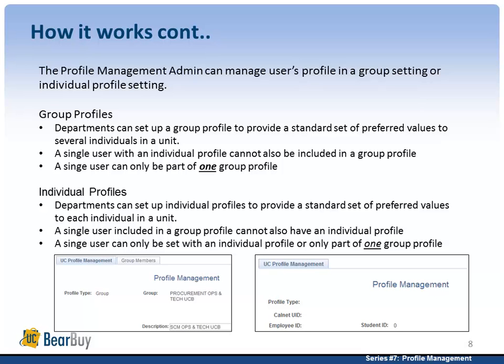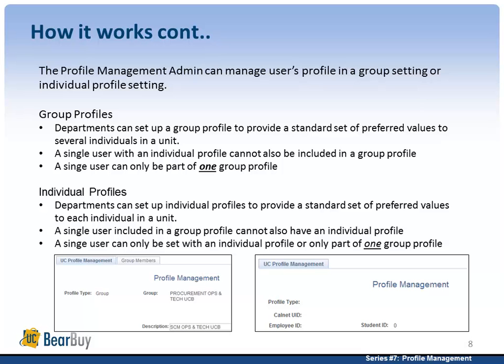So different departments set up profiles differently. Some find it easier to set up group profiles since a set group of people will have all the same defaults. Other departments set up unique individual profiles for everyone in the unit. One reason may be that every individual has different ship-to addresses and every individual needs to have that address defaulted to their profile.